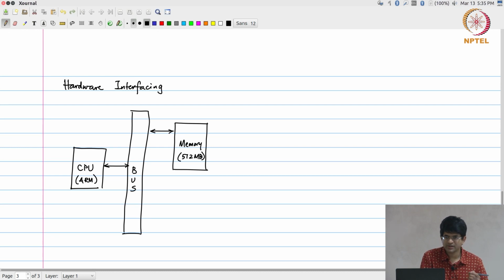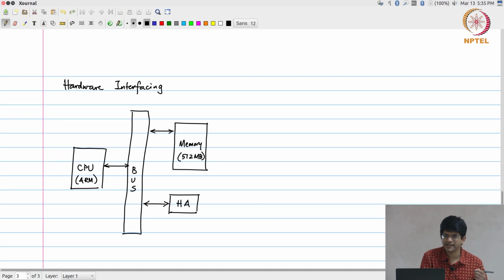Now, what is interesting from our point of view is we finally want to implement our FFT as some kind of a hardware accelerator, which will also then be connected to this bus. So, I am just going to call it a HA, a hardware accelerator. Now, the CPU needs to be able to communicate with everything on the right hand side.